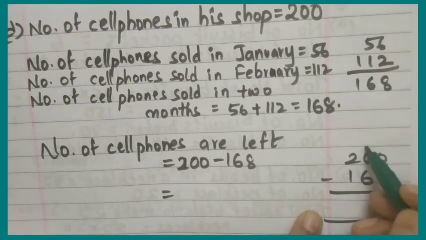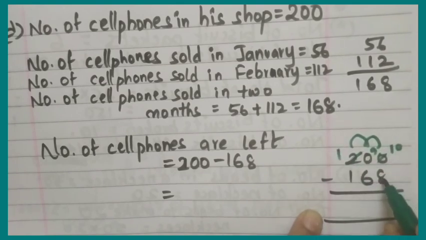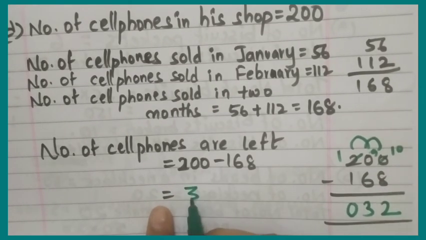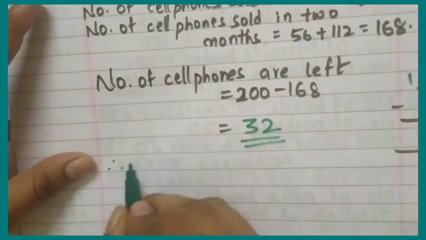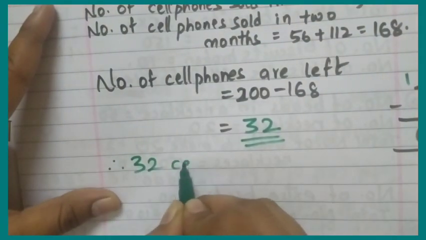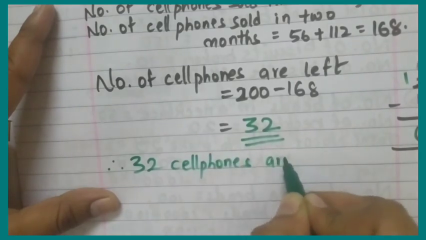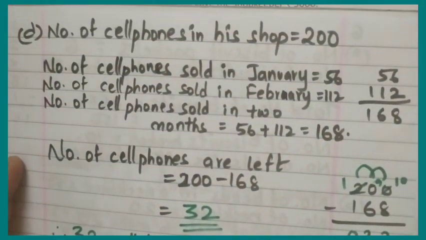Here also 0 is there, so we'll take from here. It will be 10. Here 9, it will be 1. 10 minus 8 is 2. 9 minus 6 is 3. 1 minus 1 is 0. Therefore 32 cell phones are left. Okay, this is D answer.